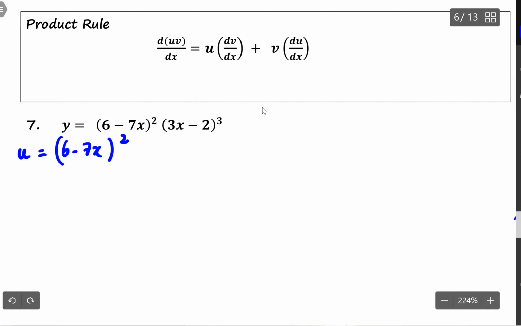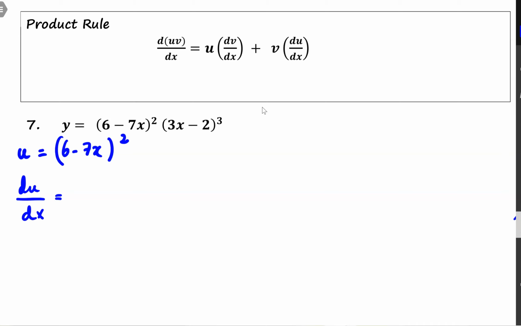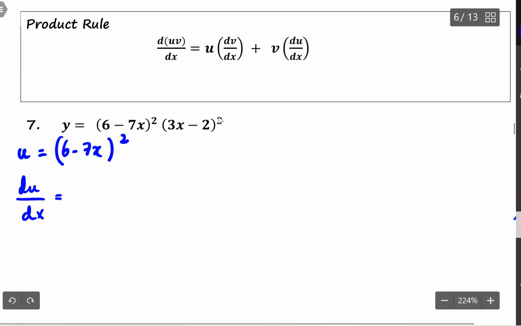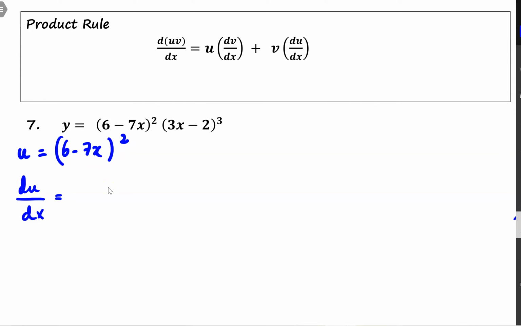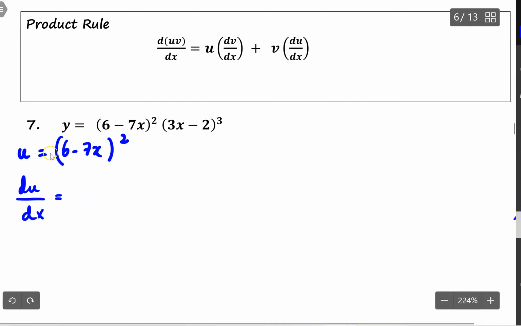So I will identify u as 6 minus 7x, all of it squared. Immediately after this, I want to take the derivative of u as a function of x. Again, we have done the basic derivative in a previous video. We have a function raised to a power, so you have to apply the chain rule. I take 2 and multiply it by the 1 in front of this bracket. I should have 2.